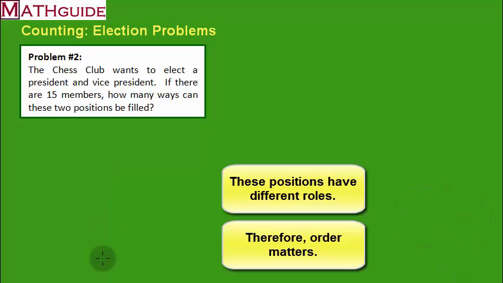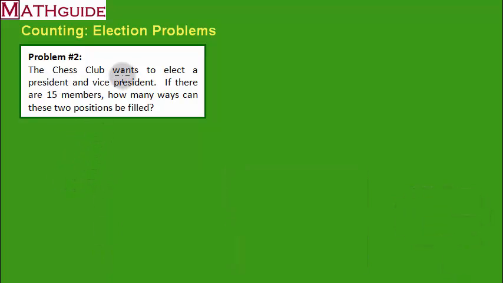Okay, so let's talk about how this is done. So, since the order in which we choose the first person president and the second person vice president matters, this is a permutation problem. So I'm going to use 15 members, and I'm going to pluck out of those 15 2 people.